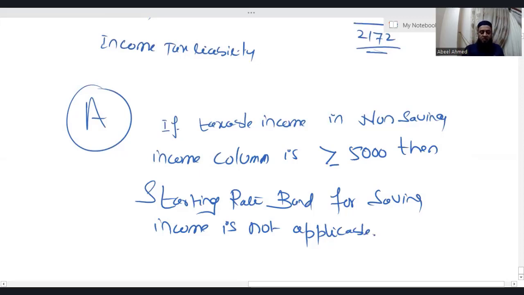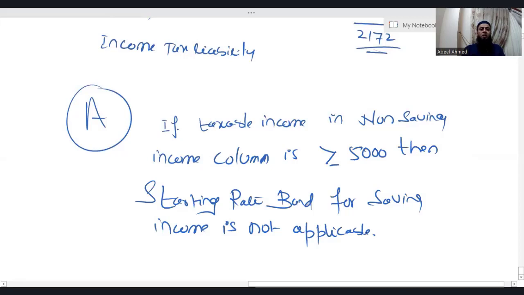So simply, if the taxable income in the non-saving column, taxable income meaning after deducting the personal allowance, is 5,000 or more, then the starting rate band concept does not come.